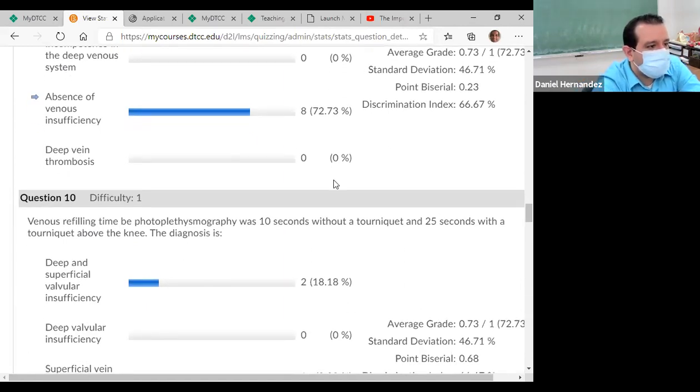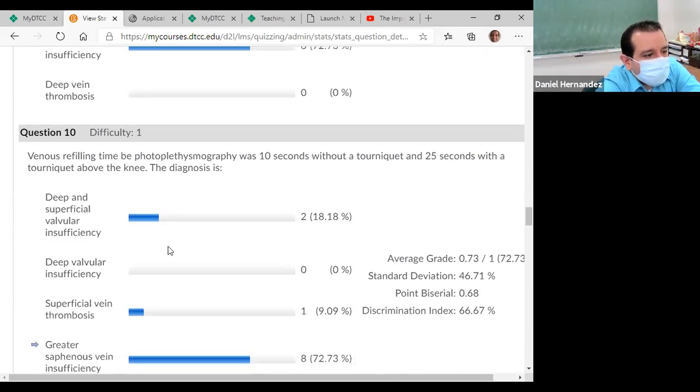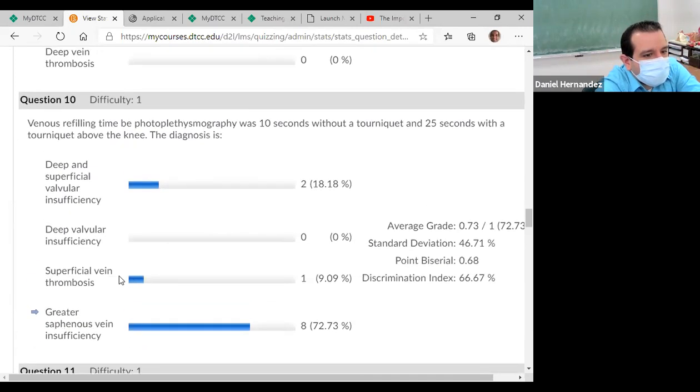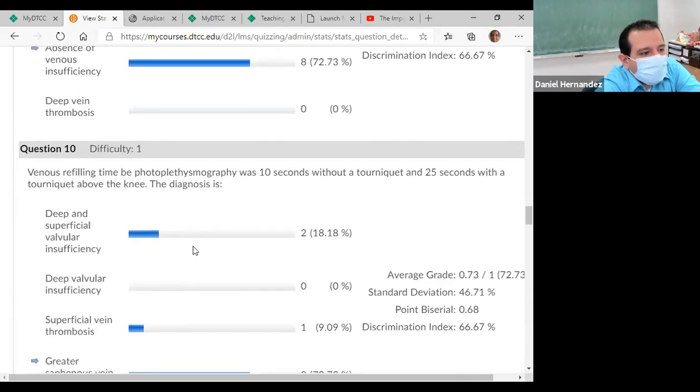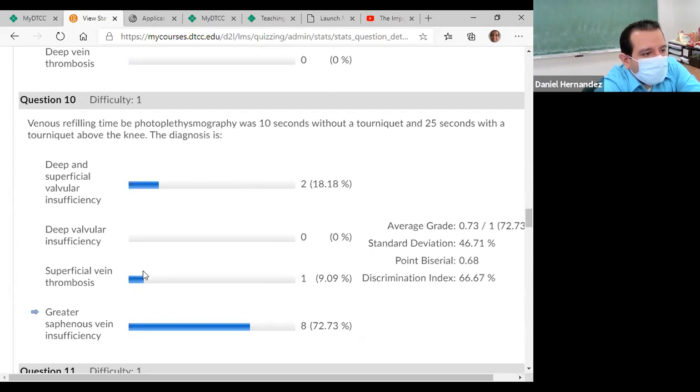Diagnosis is... So if it returned back to normal with a tourniquet above the knee, it's definitely not superficial vein thrombosis, but then this isn't ruling out DVT.